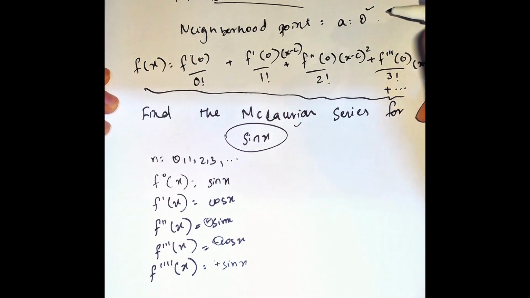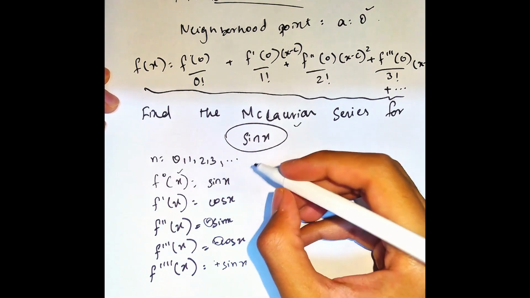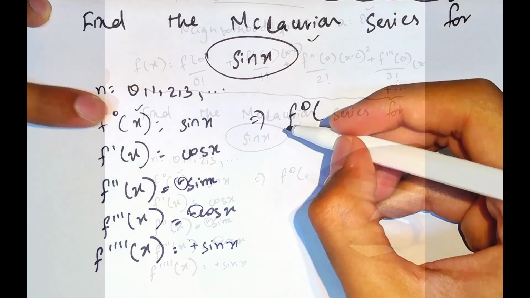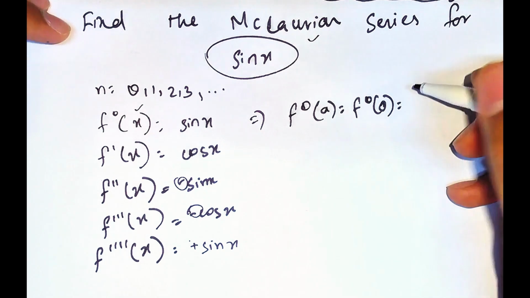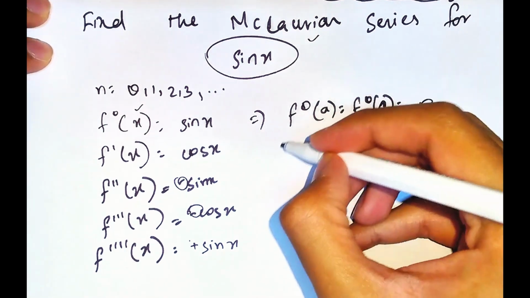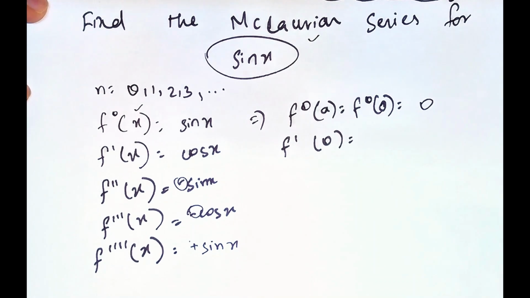Instead of putting in some actual number, we have to put in the value of x as 0, with a as 0. So the 0th derivative, sin 0, is equal to 0. The first derivative at 0, the value of cos 0, is 1. The second derivative is negative sin 0, and the value of sine at 0 is 0.